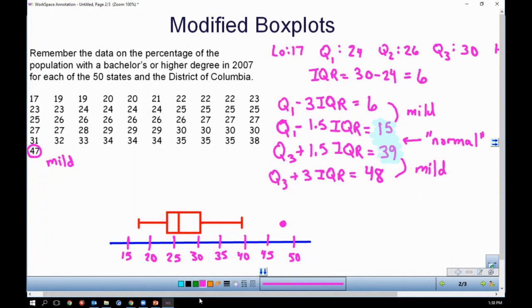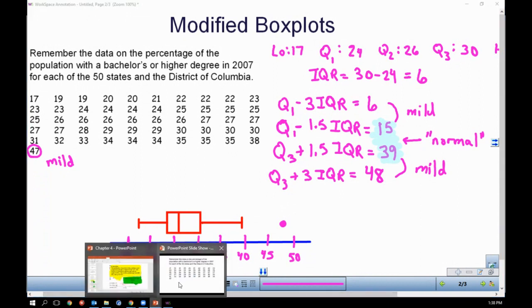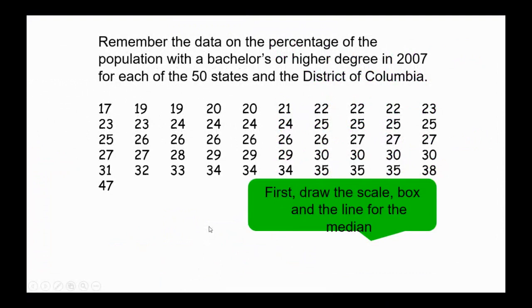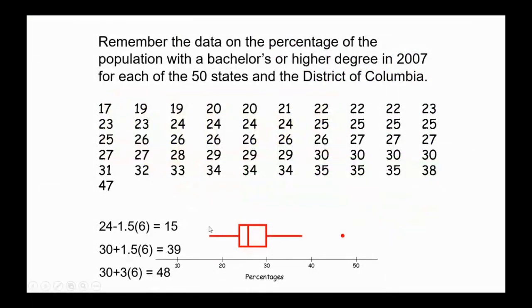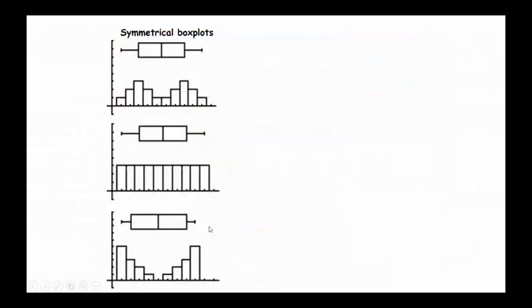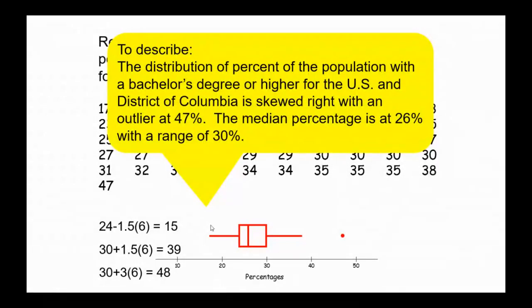Okay, let's go back to our PowerPoint. So they're just doing everything we did. If we describe the data, describe the box plot, this is where we discuss the graph.